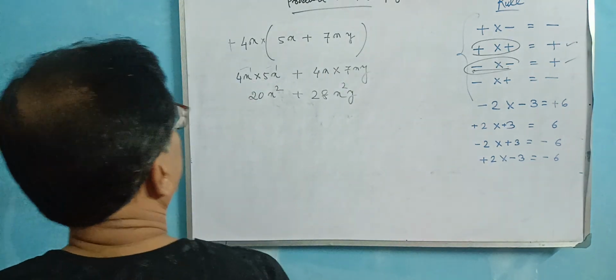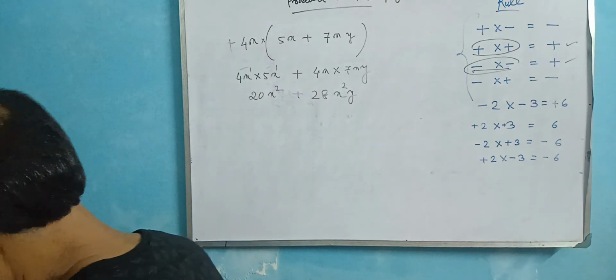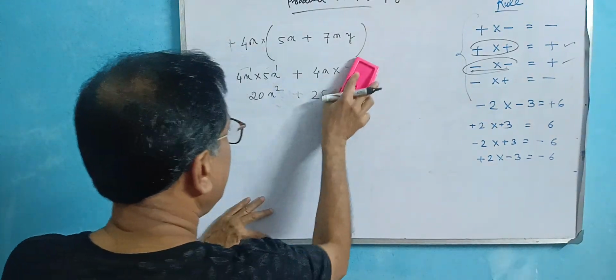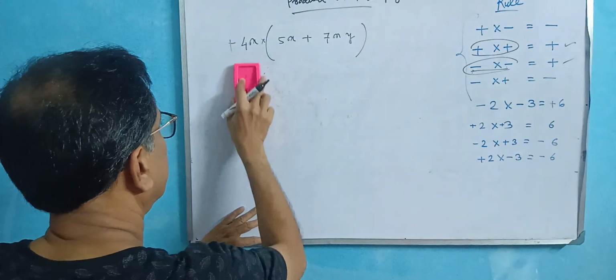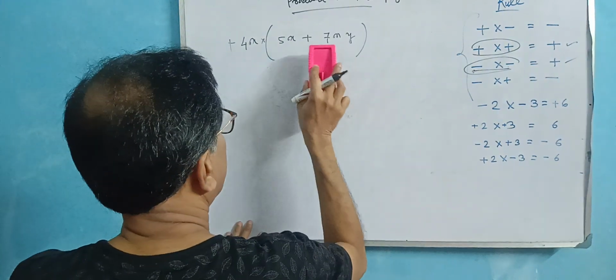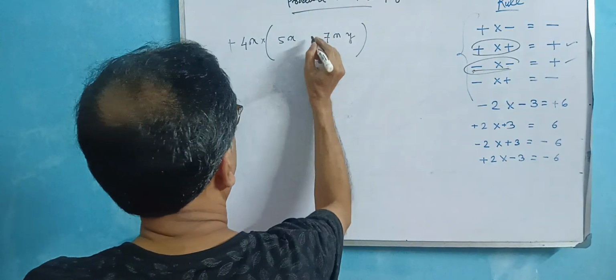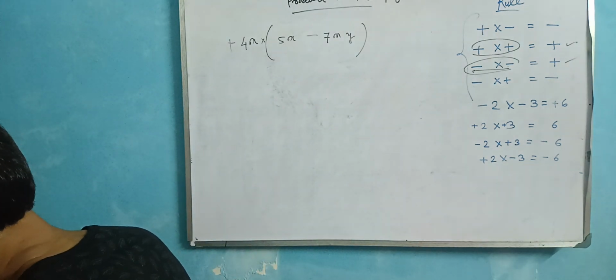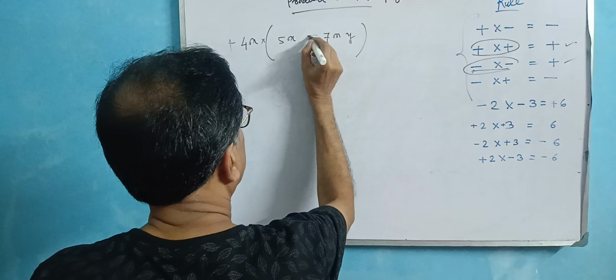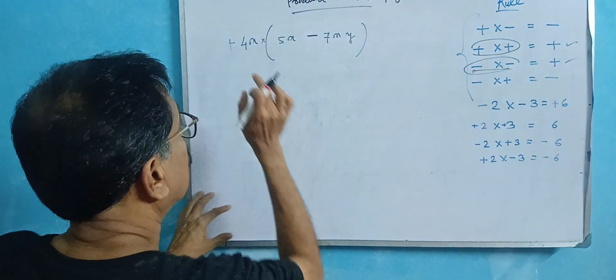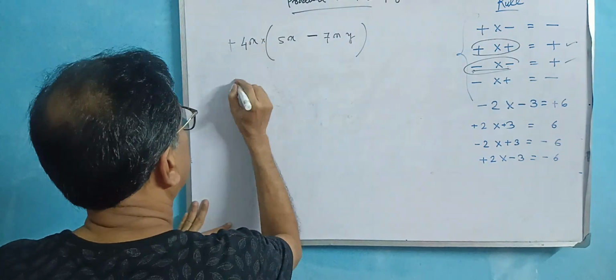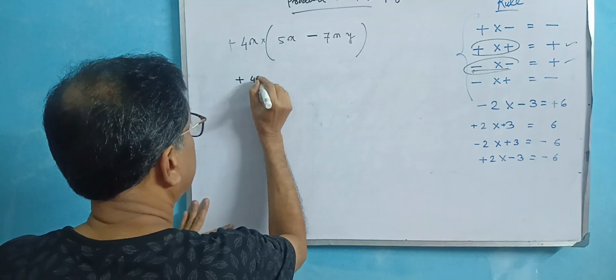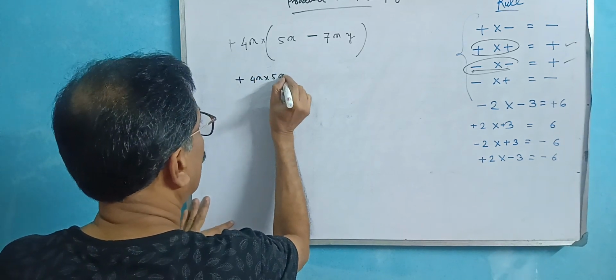But this is clear, but if I just change it here, if the sign is minus here, what is the problem? If the sign is minus, then be careful. This is plus, plus into plus, plus 4x into 5x, no problem.